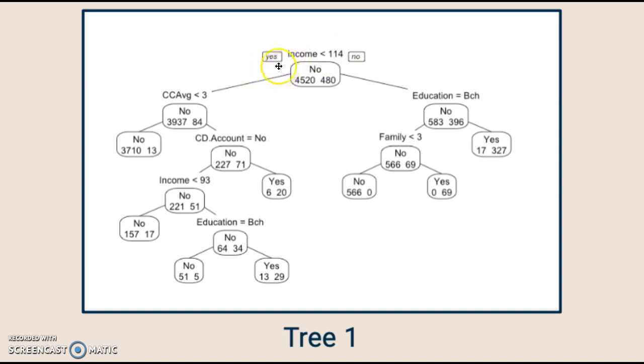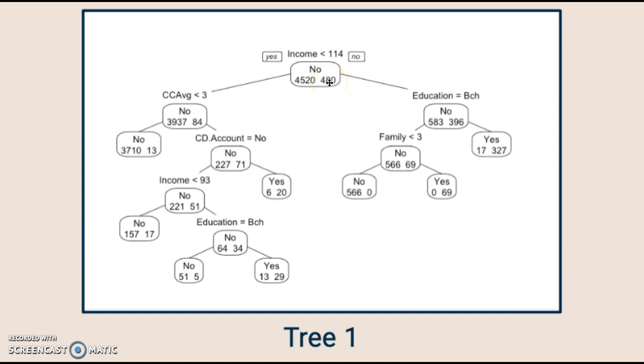Going through the tree, if an individual makes less than $114,000, which as seen in this tree, there are 4,520 individuals who make less than that, you will then go down to the right. If their credit card average is less than 3, which 3,937 individuals have, you will go to the right again, and these people did not accept a loan, 3,710 individuals.